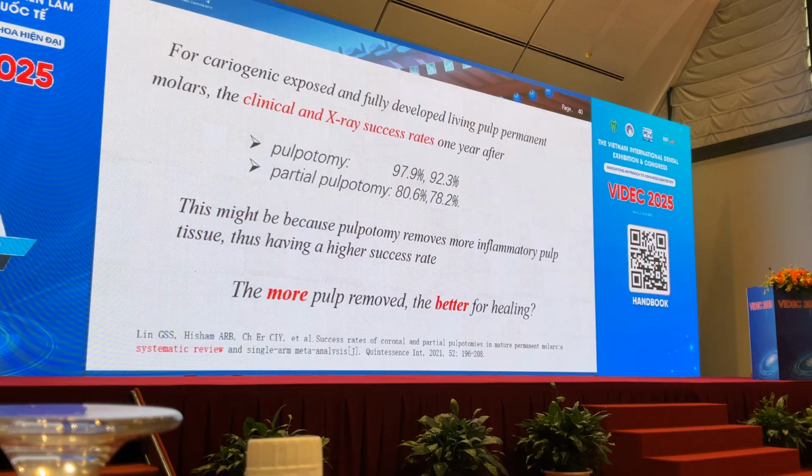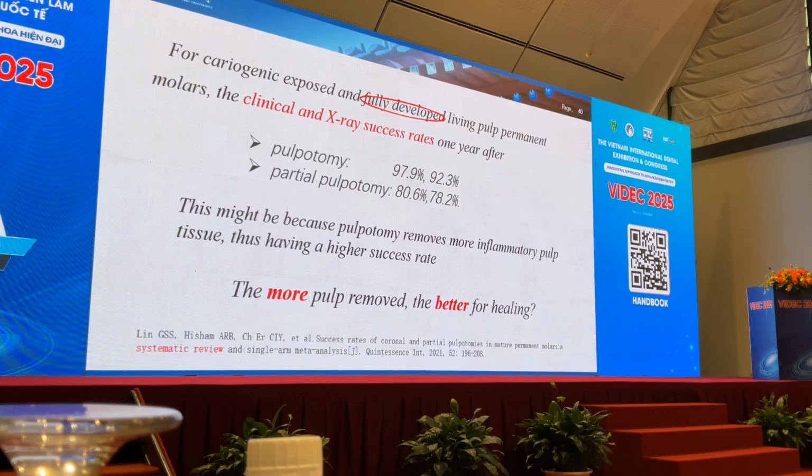Why? Because we should remind you that this result is about fully developed molars. It's fully developed molars, right? And for young permanent teeth, I'm a pediatric dentist with over 30 years experience. I do a lot of endodontics on immature permanent teeth.